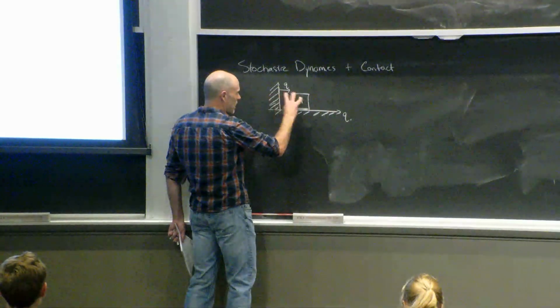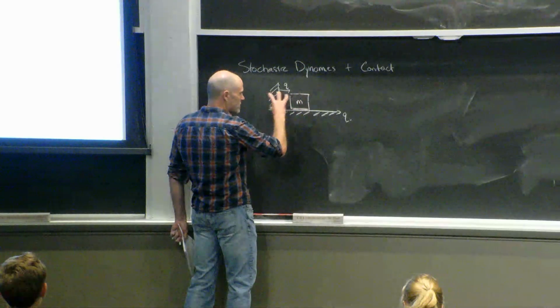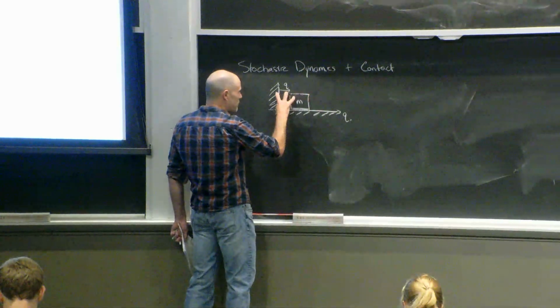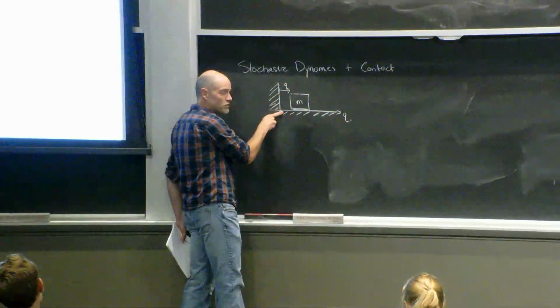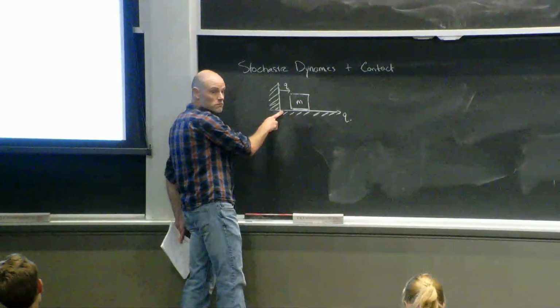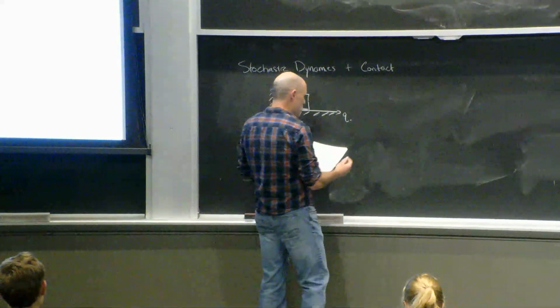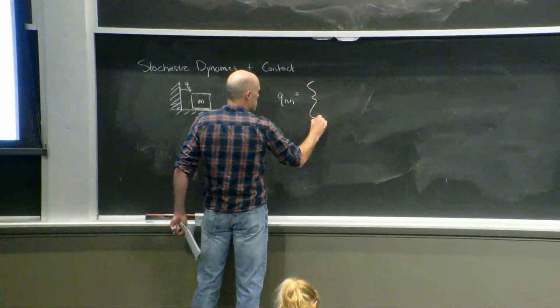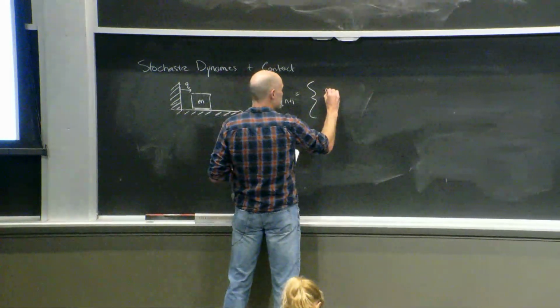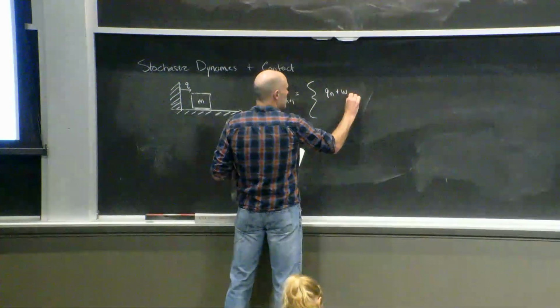We're going to say, I'm going to add Gaussian noise here. But for the tail of the distribution that ends up in the wall, I'm going to project it back to the wall, okay? So a natural model would be to say Q_{n+1} is going to be Q_n plus W_n.